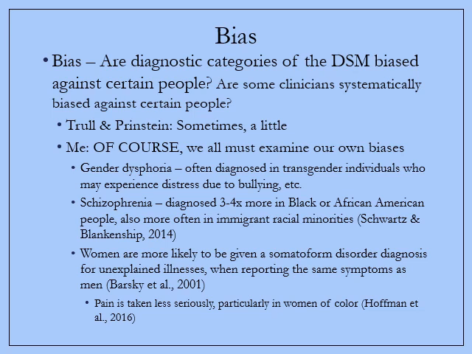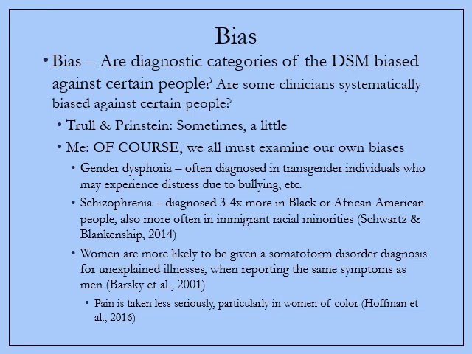As well, there's indication that there may be some biases against women within diagnostic categories, and that clinicians in general may be biased against women. Women are more likely to be given a somatoform disorder diagnosis for unexplained illness. Somatoform disorders are generally disorders where somebody believes that they have an illness, but the cause of this belief and the subjective physical distress is actually due to psychological troubles.